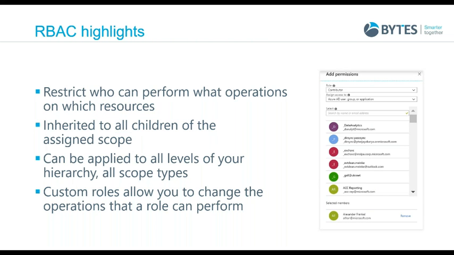So RBAC can allow you to restrict what actions are performed by what users, ensuring that you can control who can do what and see what in a particular area. So for example, we mentioned the departmental-based resource group in the past. You could allow access to that resource group for certain users.